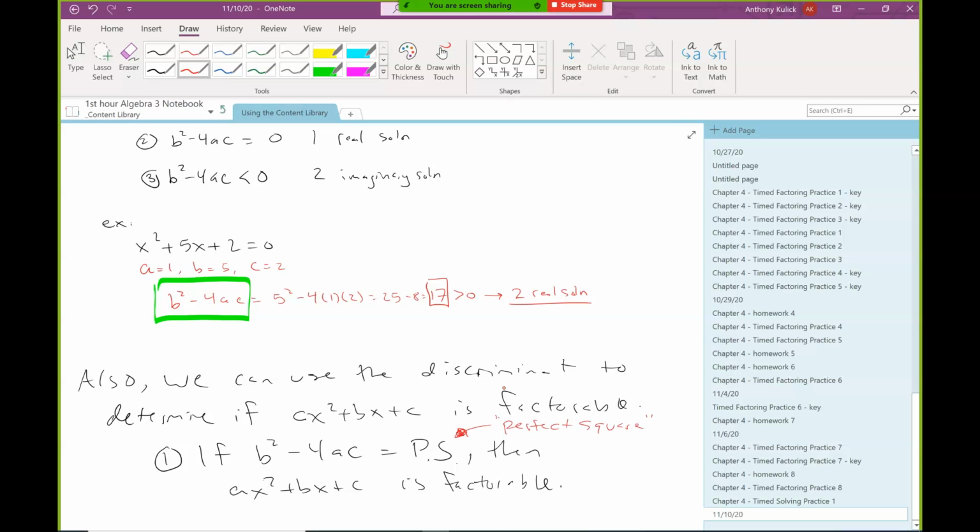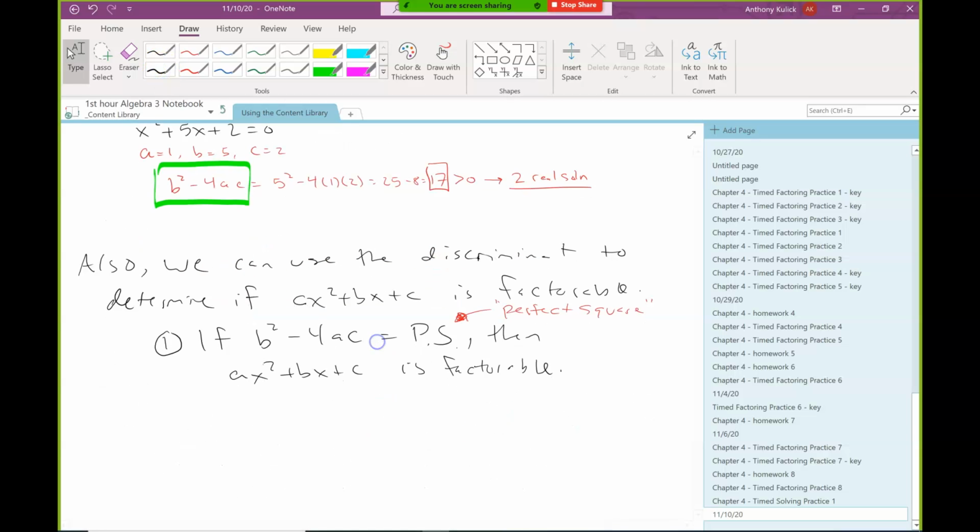So like 1 squared, 2 squared, 3 squared, 4 squared, 5 squared, 6 squared are examples of perfect squares. 18 is not a perfect square because if I take the square root of 18, I don't get a whole number back. Is everybody okay there? Which is really nice, right?